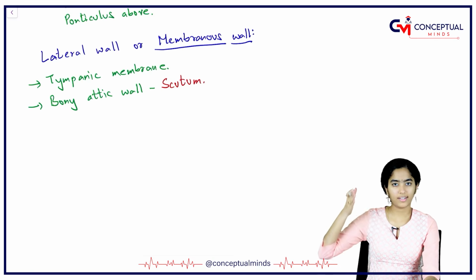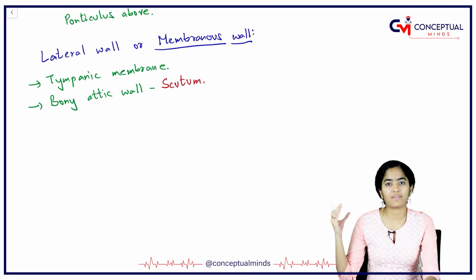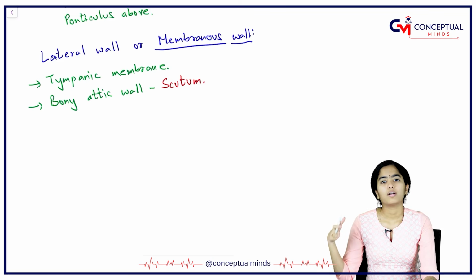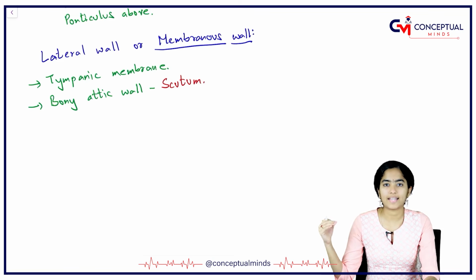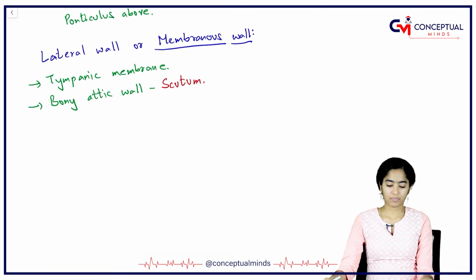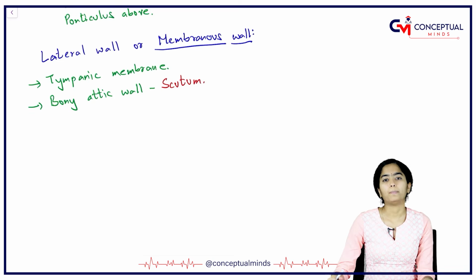So, when we are studying the lateral wall, opposite epitympanum or attic, we have the scutum. Opposite mesotympanum is the tympanic membrane, pars tensa part of tympanic membrane. With this, I complete all the 6 boundaries and walls of middle ear.